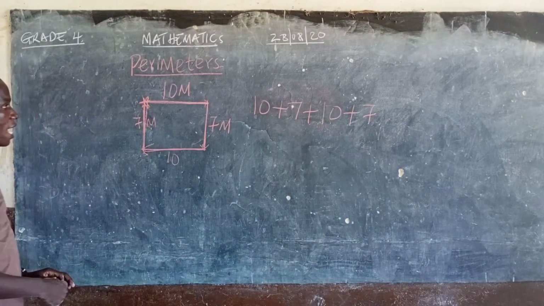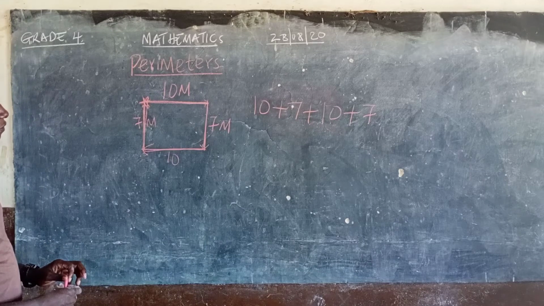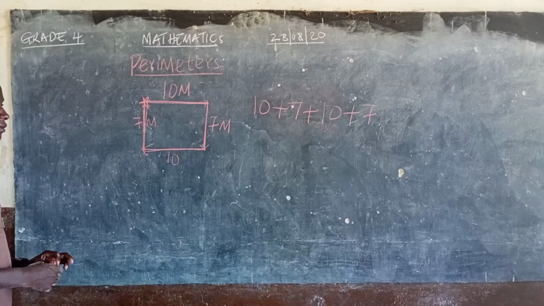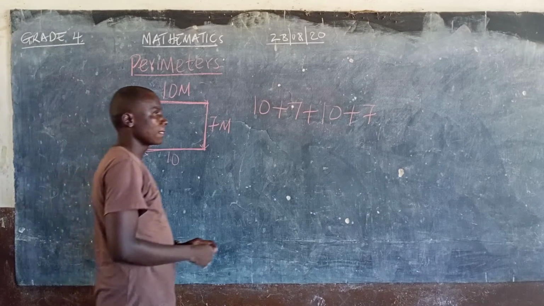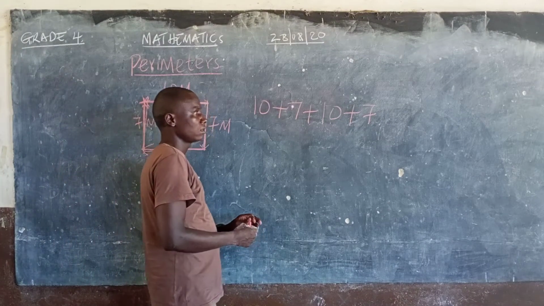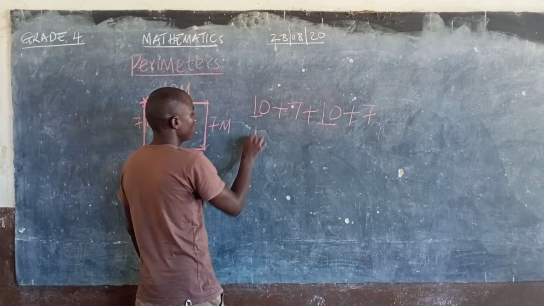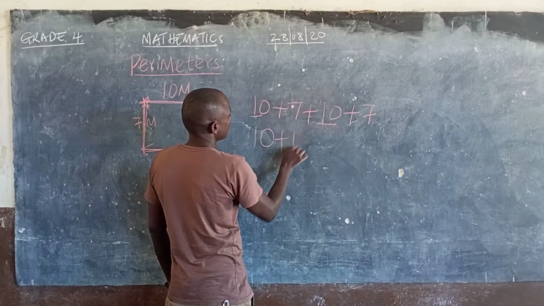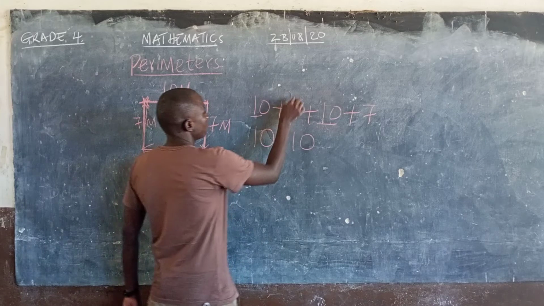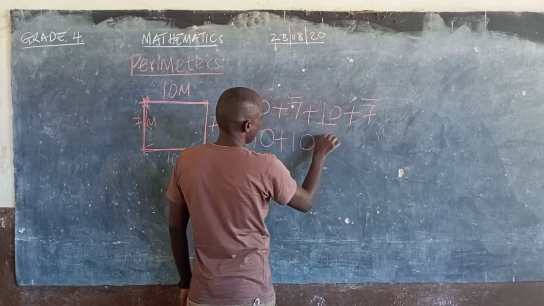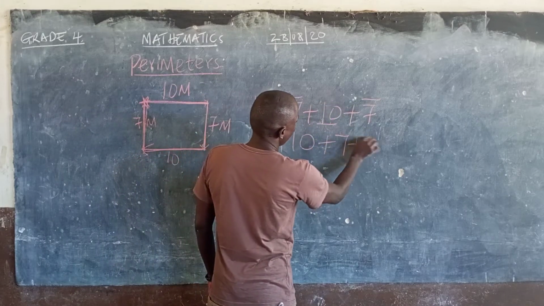So to try and develop the formula that I will talk about further, you bring the same numbers together. You have 10 plus 10, then you have 7 plus 7.